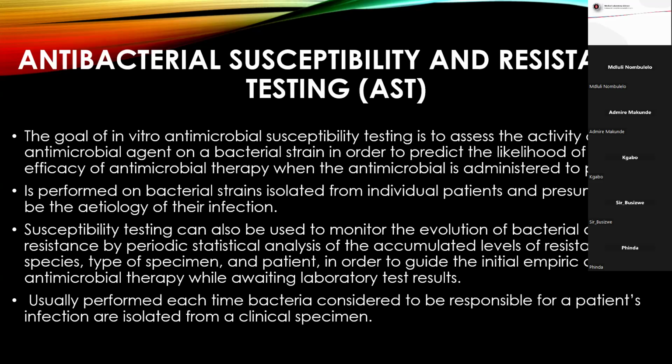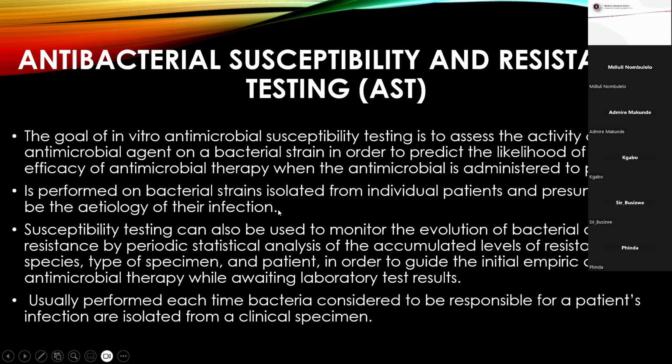But because of drug activity, some drugs don't cross the meninges to be effective. So when you are providing the AST results, also pay attention to the specimen source to say, is it absorbed well in certain tissues?